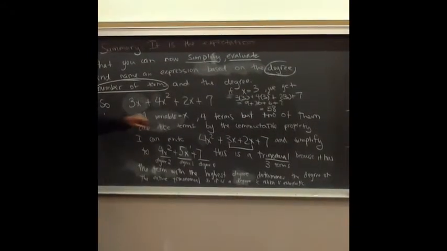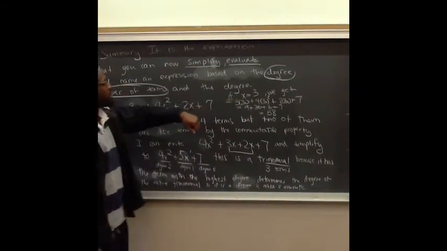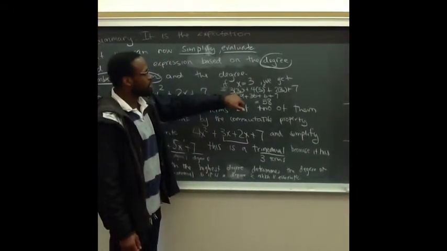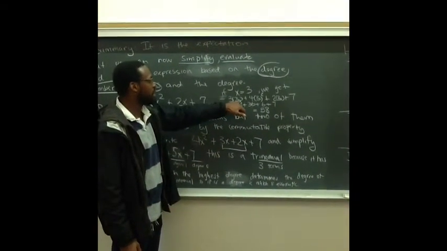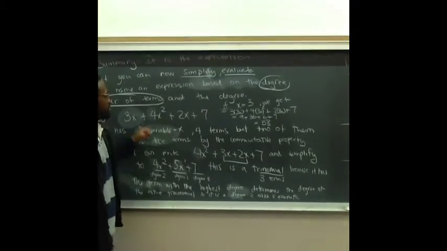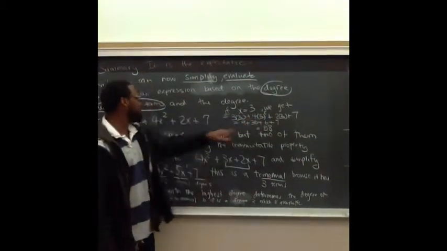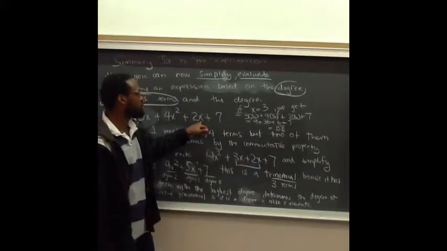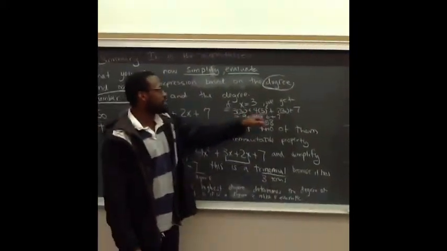Now, if x equals 3, we can evaluate this by substituting the value of 3 for x, so we get 3 times 3 for the 3x term, 4 times 3 squared for the 4x squared term, 2 times 3 for the 2x term, plus 7.